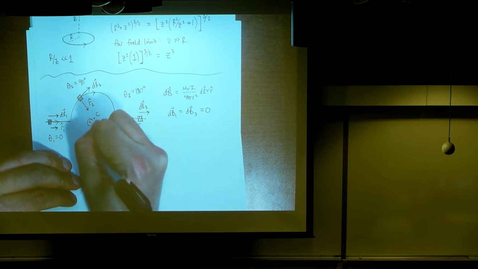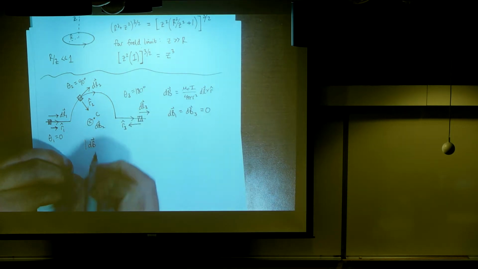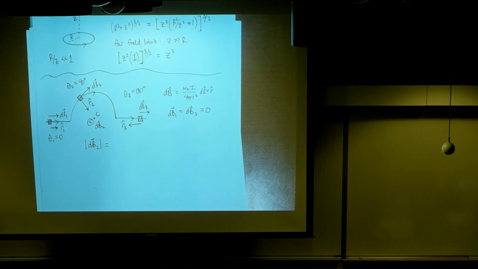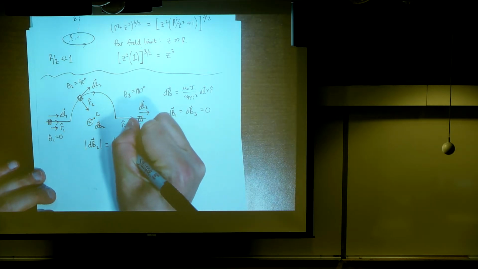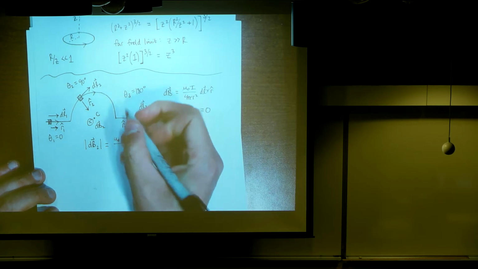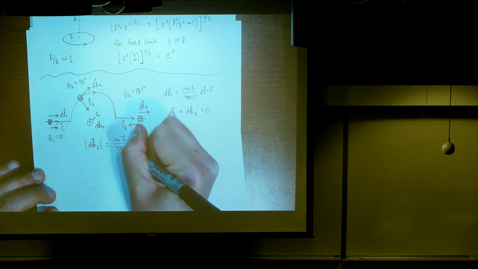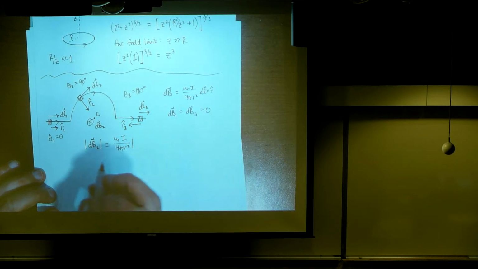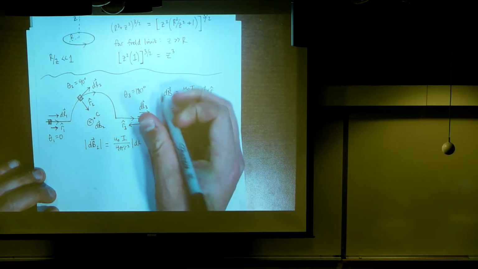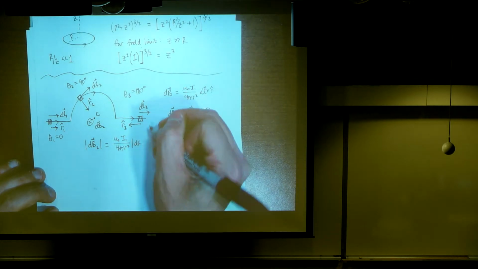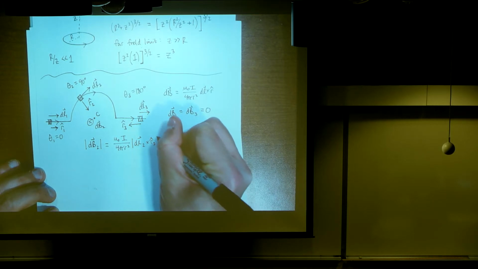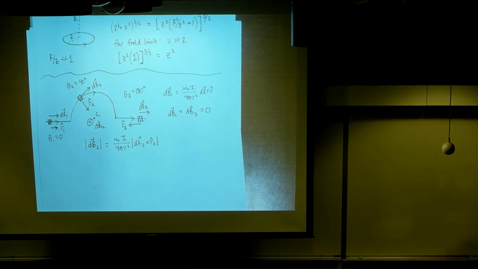Okay, so next, I know dB2 is going into the page. So next I'm going to focus on its magnitude. The magnitude of dB2 is mu0 times I divided by 4 pi times r squared. And then basically, I'd be taking the magnitude of dl cross r hat to get the magnitude overall. So I have dl2 crossed with r hat 2 to be precise, right? Okay, a few things to note.